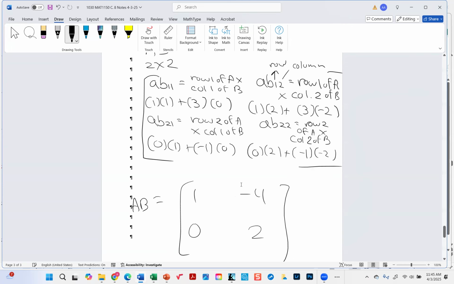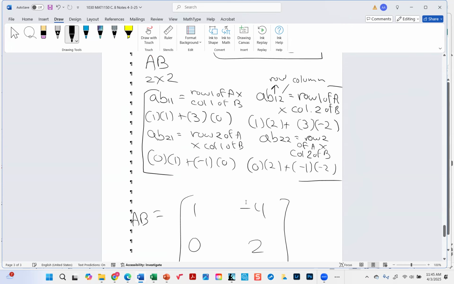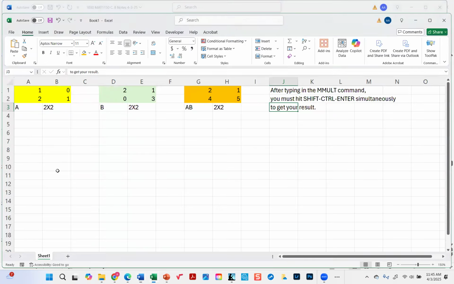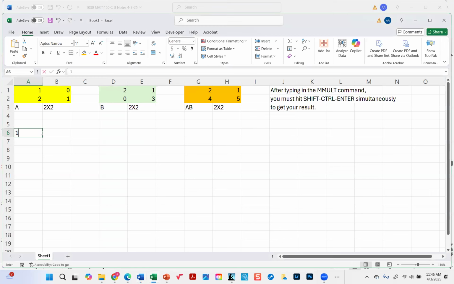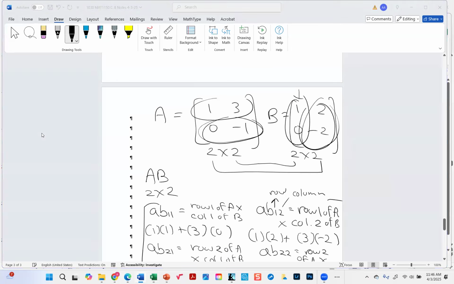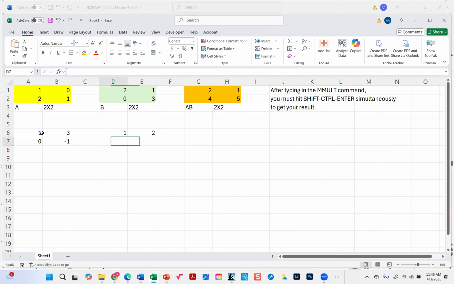All right, so let's see if Excel agrees with us. What do we have here? 1, 3, 0, -1. Over here for B, we have 1, 2, 0, -2.